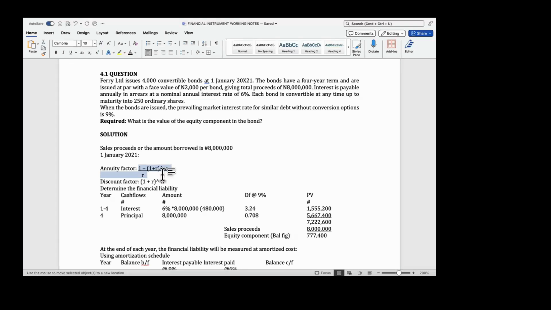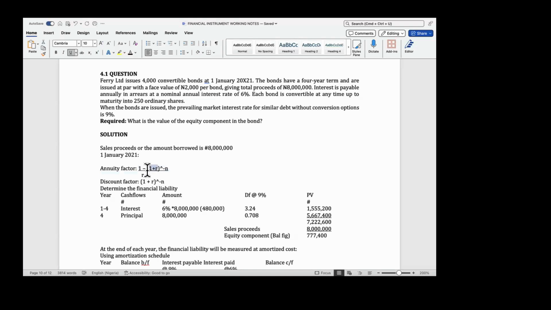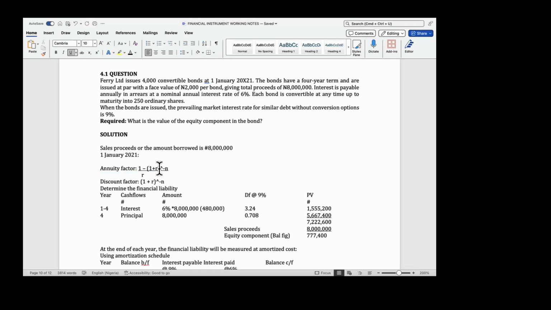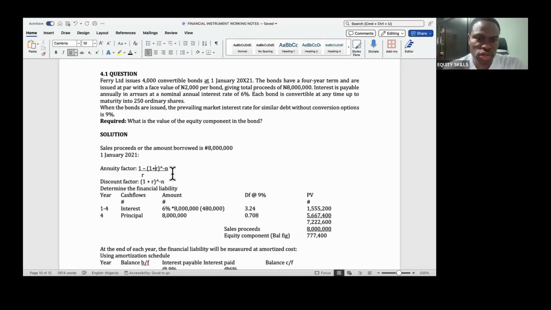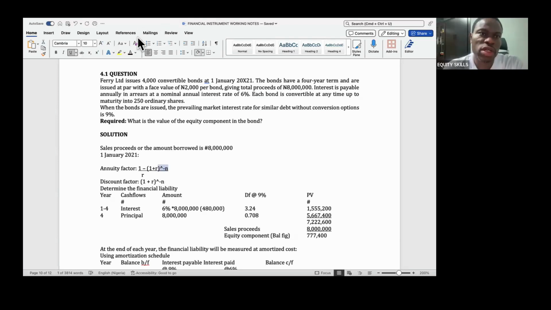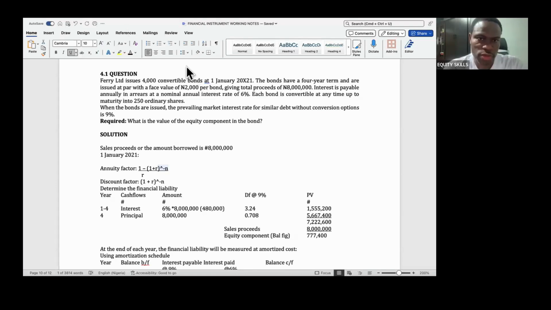Okay, so what you're supposed to do is you do 1.09, which is this 1 plus half. If you know how to press raised to power on your calculator, you do raised to power 4. Then you press equal to.